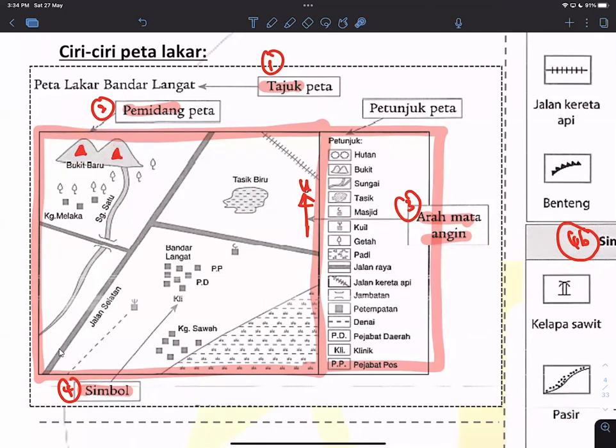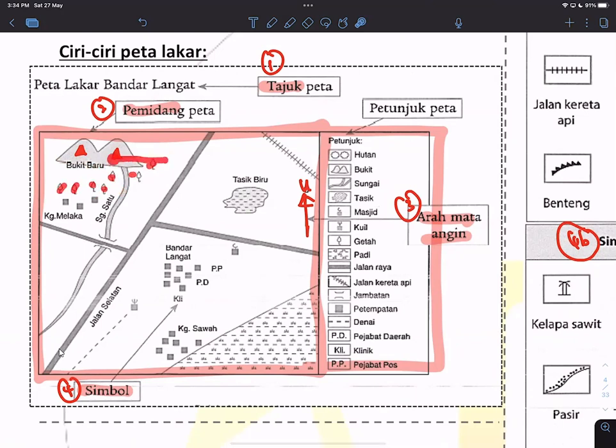So that's why below, the kaki bukit, this kaki bukit baru, which means just below the hill, this is the kawasan pelbagai. You guys are going to learn it in Form 3. So at the kaki bukit, are we only trying to grow 1, 2, 3, 4, 5, 6, 7 pokok getah?